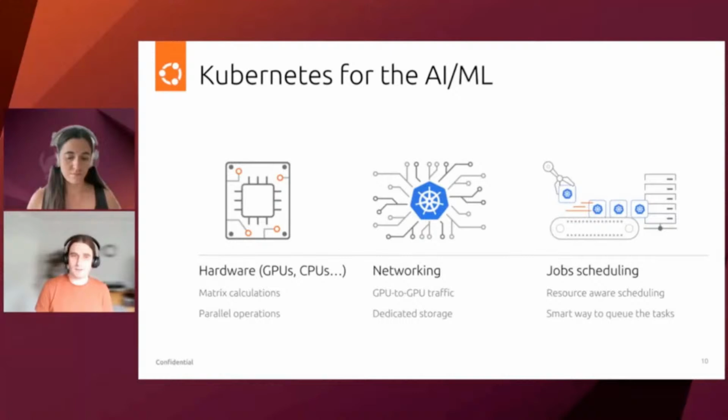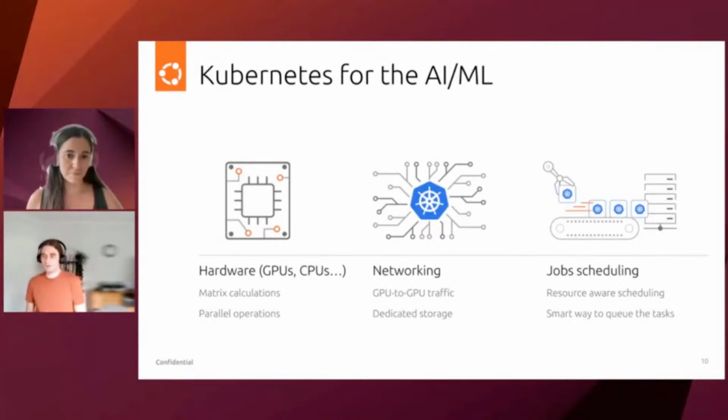Also, it is highly parallelizable, right? So the hardware needs to support that, and you can get your support for the hardware through Kubernetes, because providers of that hardware target Kubernetes in the first place.